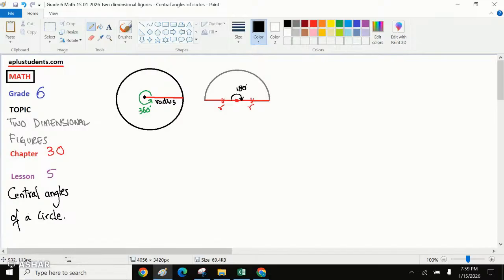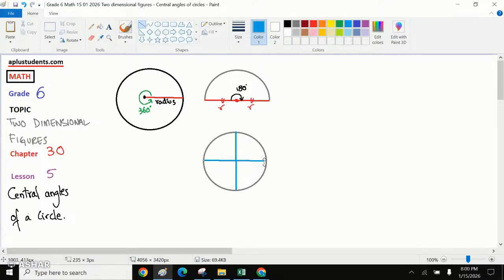Similarly, if we have another circle, we're just recalling this because we want to see how circles can be divided. Let's make a line over here and a line over here.